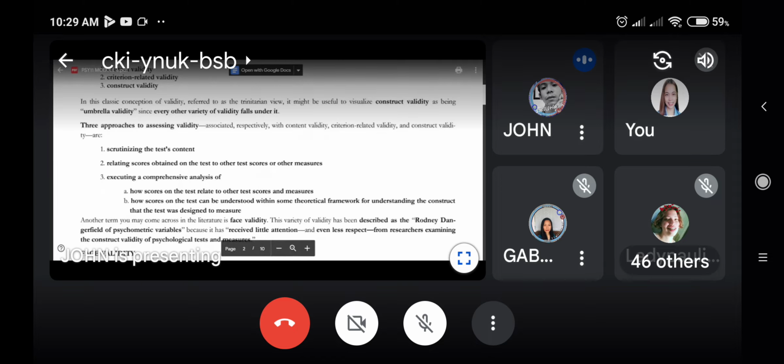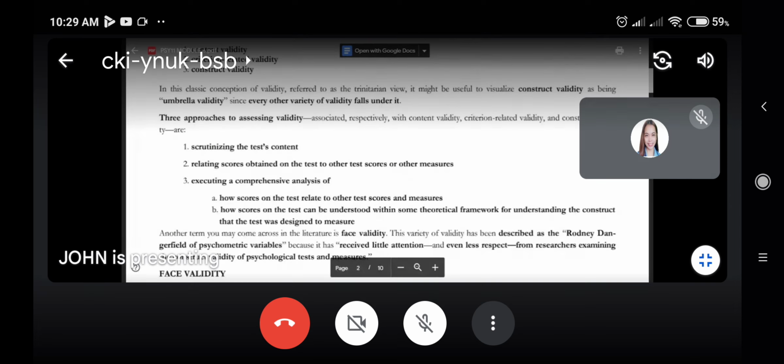So, we will be discussing that one by one. Ano ba yung pinagsasasabi ni Sir na concurrent, predictive, convergent, and divergent validity? Those are subclasses, types of validity. We will be discussing that one by one, and I'll be giving you examples for you to have a picture of how it is being done.